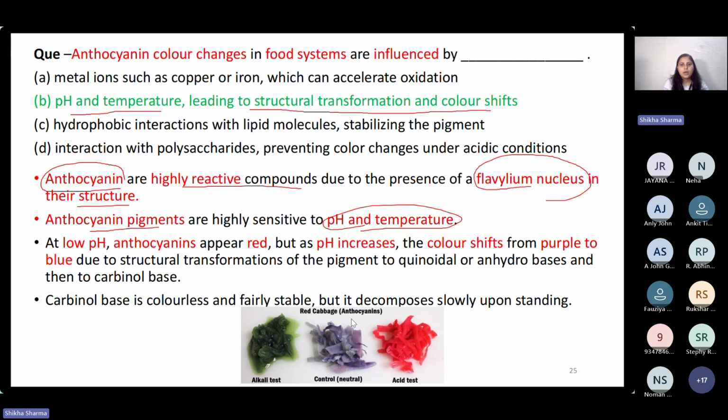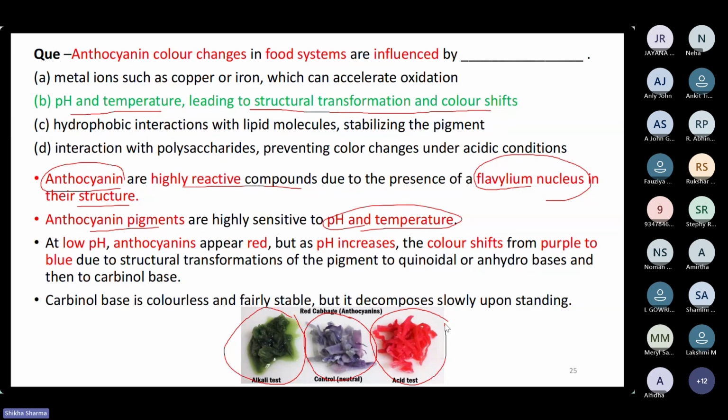We can see in red cabbage anthocyanin, at neutral pH it is a little purplish, in alkaline condition it is green, and in the acid test it will be red. Because of the change in pH, it is highly sensitive and changes color.